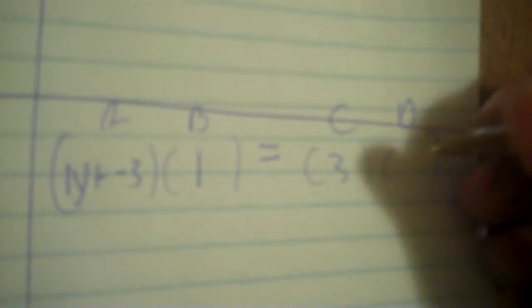Okay, so A times B is equal to C times D. So A is y plus -3, apply a 1, and then B is 1. So C is 3, D is 1. 3 times 1 is 3.